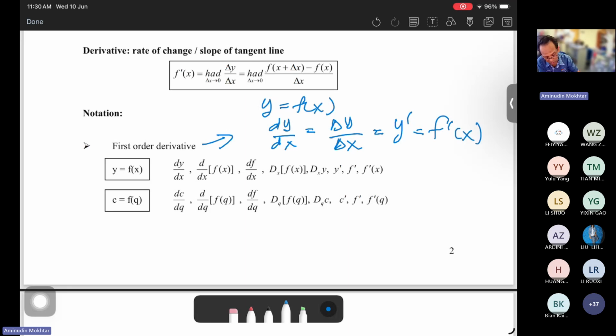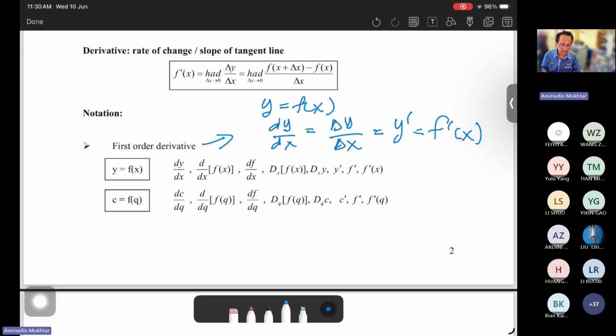There are a few symbols for derivative. dy/dx is a derivative, delta y over delta x is also a derivative, y prime is also dy/dx, f prime x is also a derivative. And then we are going to apply this concept, this label, in order to find the derivative, especially the first order of the derivative.